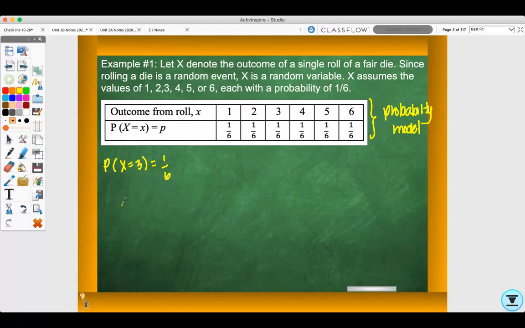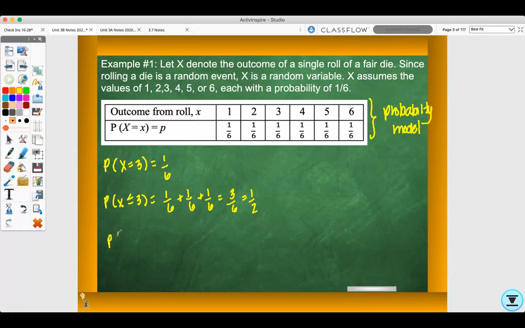Say I wanted to find out the probability that X is less than or equal to 3. Less than or equal to 3 would be 1/6 if I get a 3, because it's equal to, plus 1/6 if I get a 2, plus another 1/6 if I get a 1. So that would be 3/6, which is the same as 1/2.